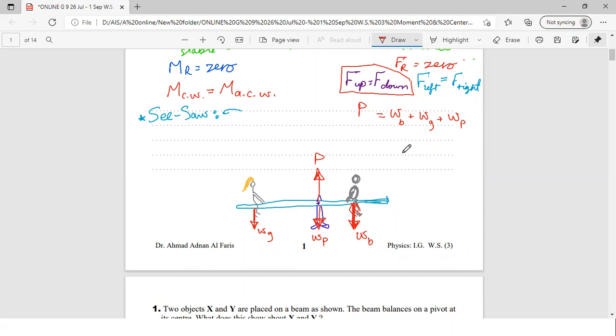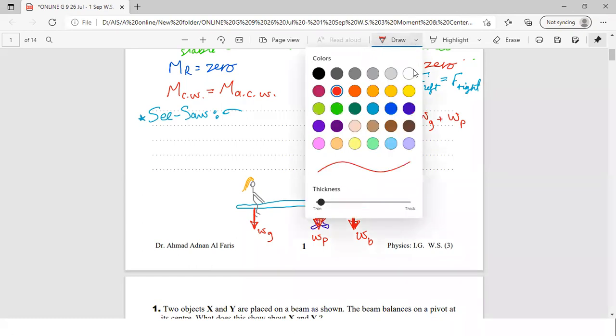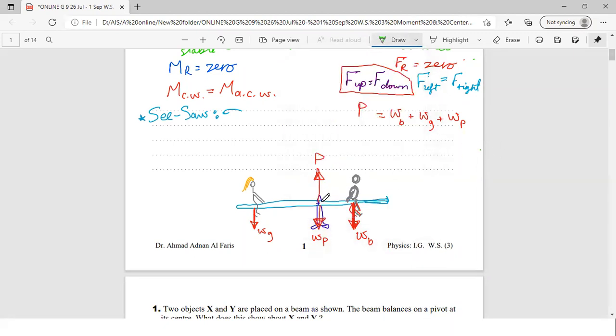Fine. What about the forces that cause moment? As you can see, the pivot is here in the middle. Both the pivot force and the weight of the plank, because it's in the middle, we call it a uniform plank. Later on we are going to explain the meaning of uniform plank. That means its weight acts exactly in the center. So the distance from the pivot to this force P, or from the center of the plank to the pivot in the middle, is 0.